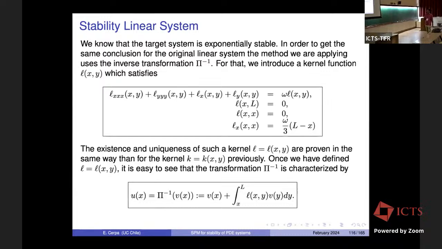Here you get a system for a kernel of the inverse transformation, which goes from V to U, with this kernel L. The method to prove the existence of this L is the same as before.